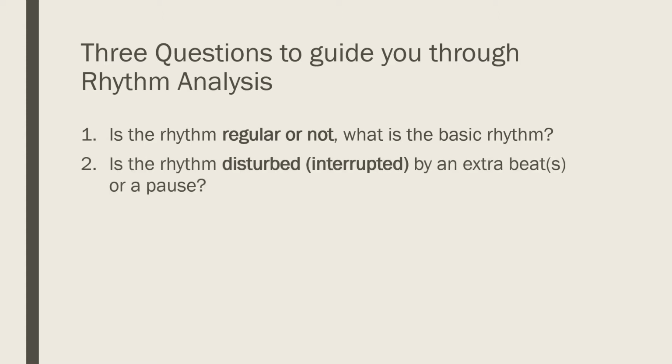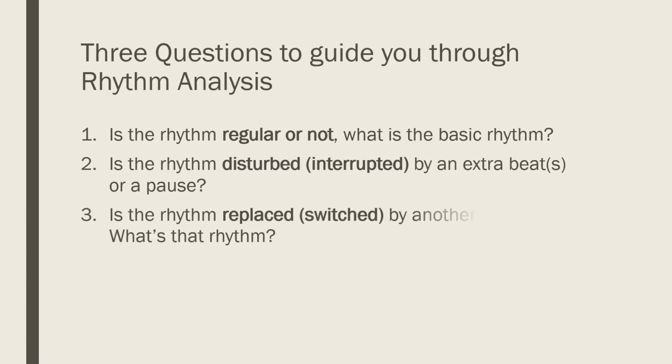Second, is the rhythm disturbed or interrupted by an extra beat or a pause? Which means there is interruption of the basic rhythm with a pause or an extra beat or extra systole. Third, is the rhythm replaced or switched by another rhythm? And what is that rhythm? Which means there is a rhythm switch.